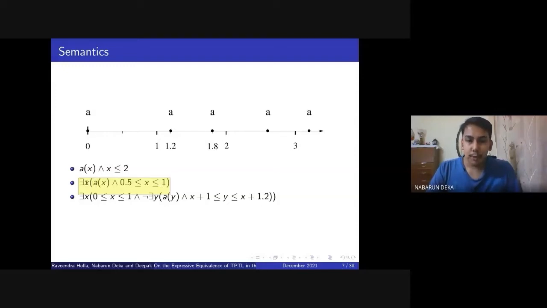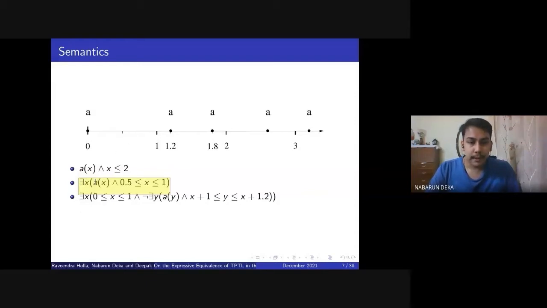While in the pointwise semantics, we mean that the formula holds for some time point x which has an associated action. So for this formula, x can be only 0, 1.2, 1.8, 2.8, and so on. We cannot have x, let's say 0.5, because it's not associated with an action.